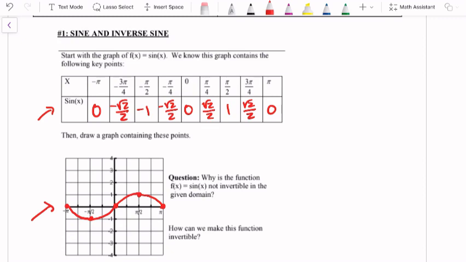Okay, so the question that we're trying to ask ourselves is, why is the function sine of x not invertible on the given domain? So remember, if we're going to find an inverse for it, we have to have some different properties that exist, okay? So remember, from inverse functions, back from unit 1, what do we know? Well, we know that they must be 1-to-1.